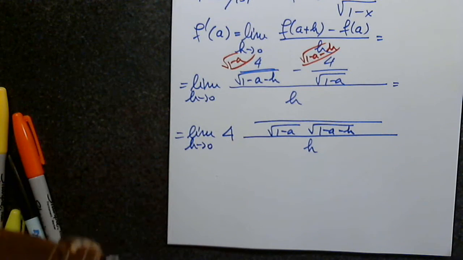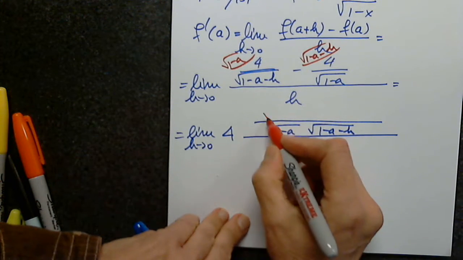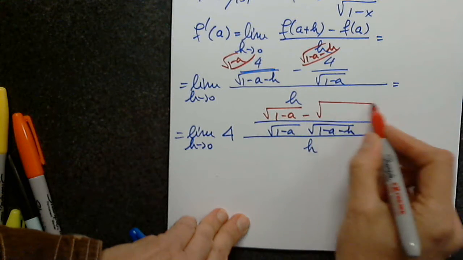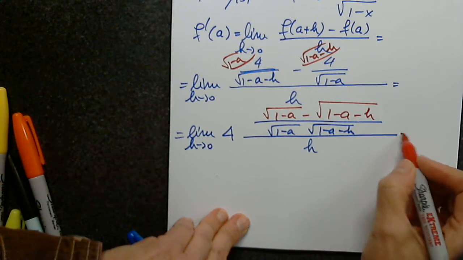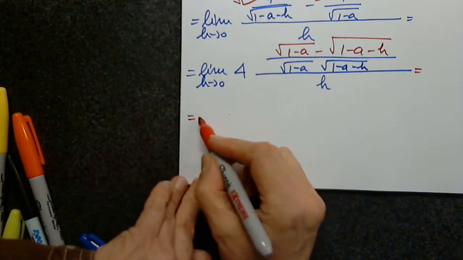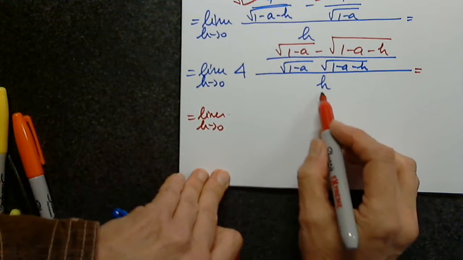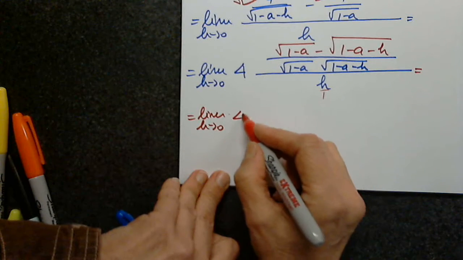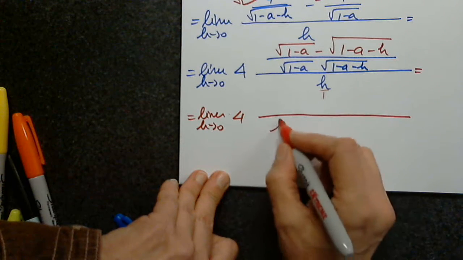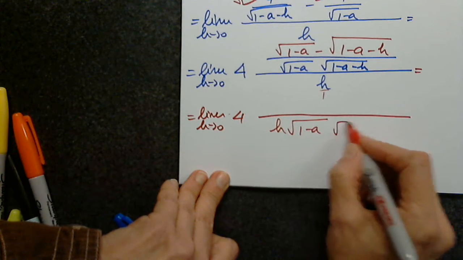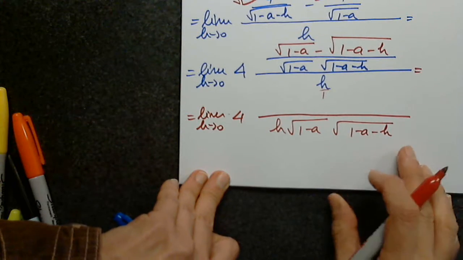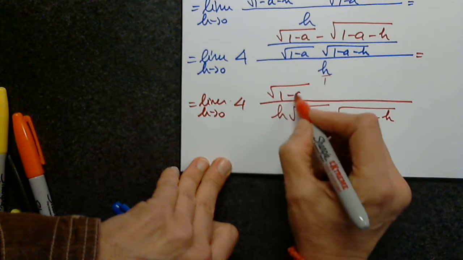Good. Remember, I took the 4 out. So what I have at the top is the square root of 1 minus a minus the square root of 1 minus a minus h. Limit as h approaches 0. I flip the denominator and I get 4 in front still, h, the square root of 1 minus a, the square root of 1 minus a minus h, and I have to copy the top.